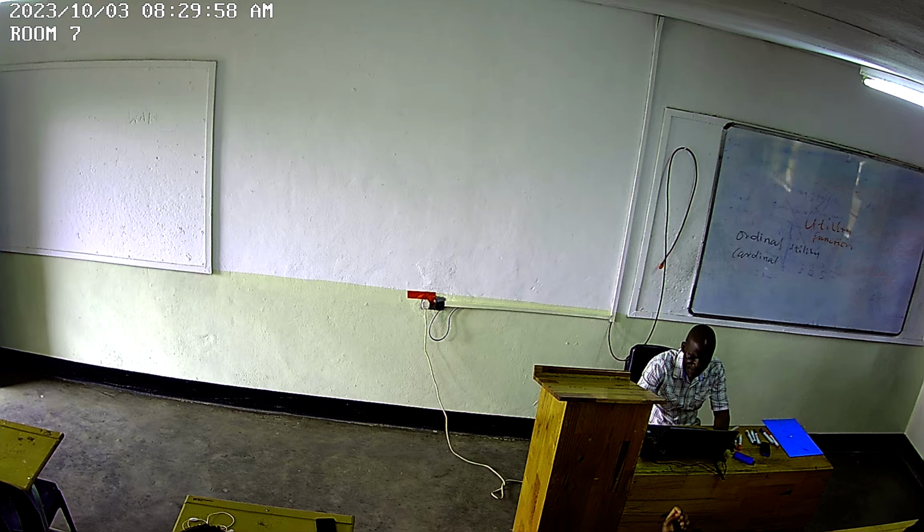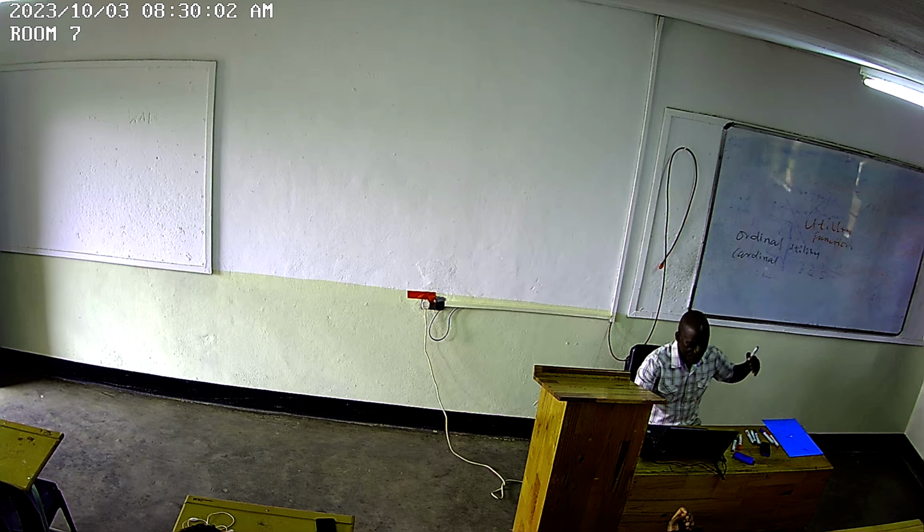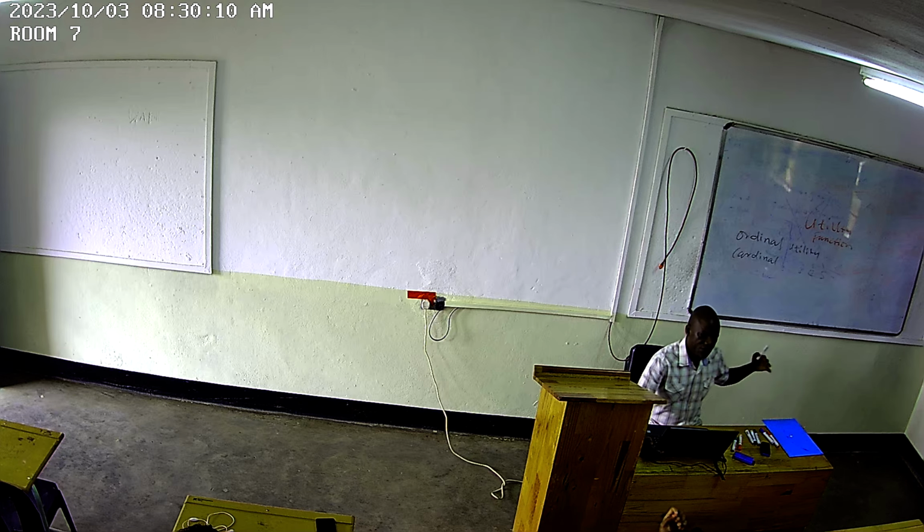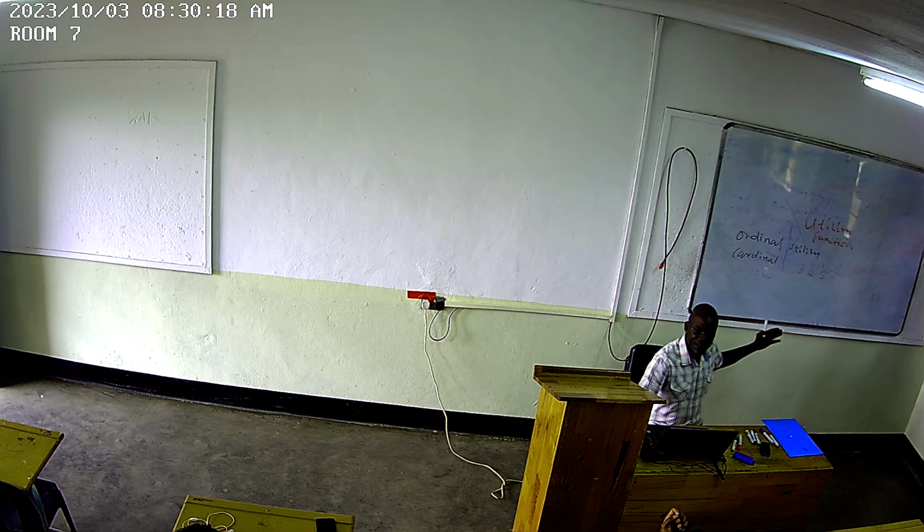So this one developed into what was later on called ordinal theory of utility. It's emanating from this qualitative ranking. Basically, it's very qualitative. No figures attached. So what it is saying is that human beings or individuals can order or rank the usefulness.